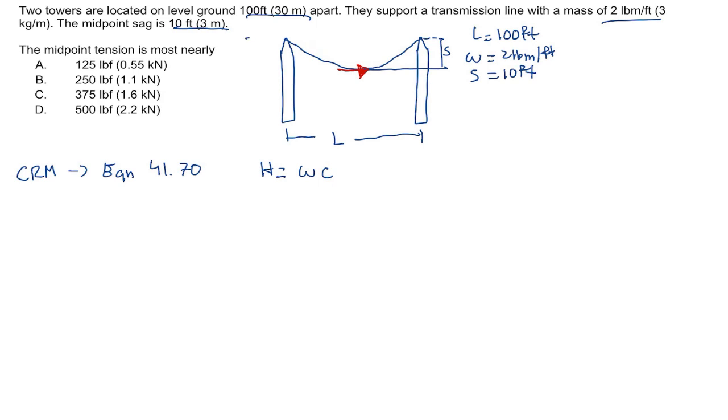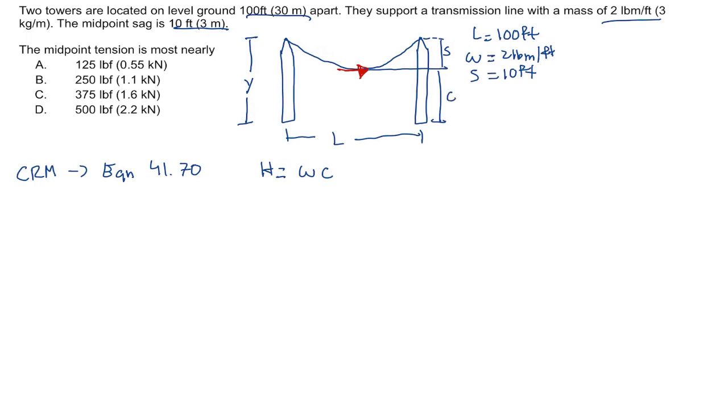So this total vertical height here, we could call it Y. And then we have this height, S, which is the sag. C is just the difference between these two.